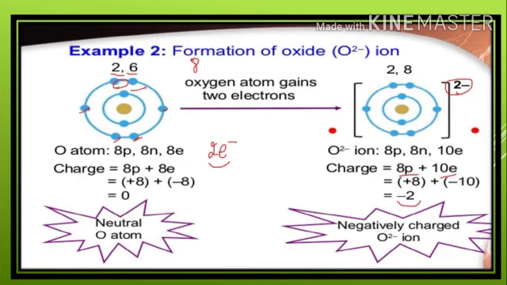Okay, and the oxide ion has the inert gas arrangement of 8 electrons in its outermost shell. So it is more stable than the oxygen atom.